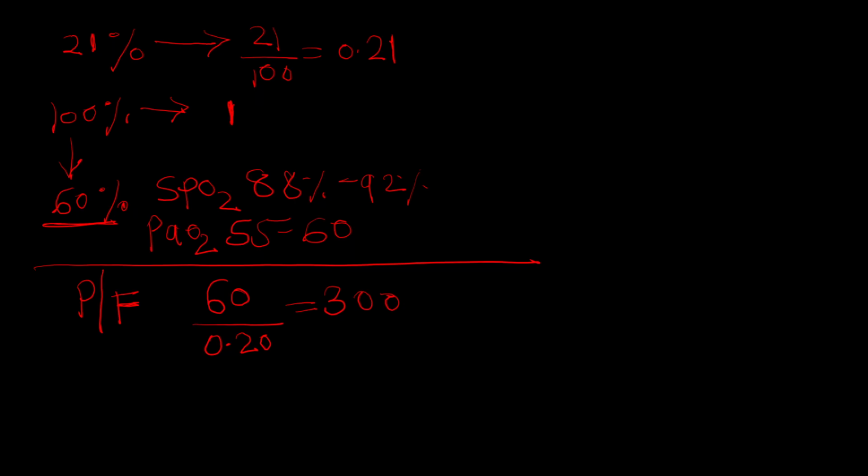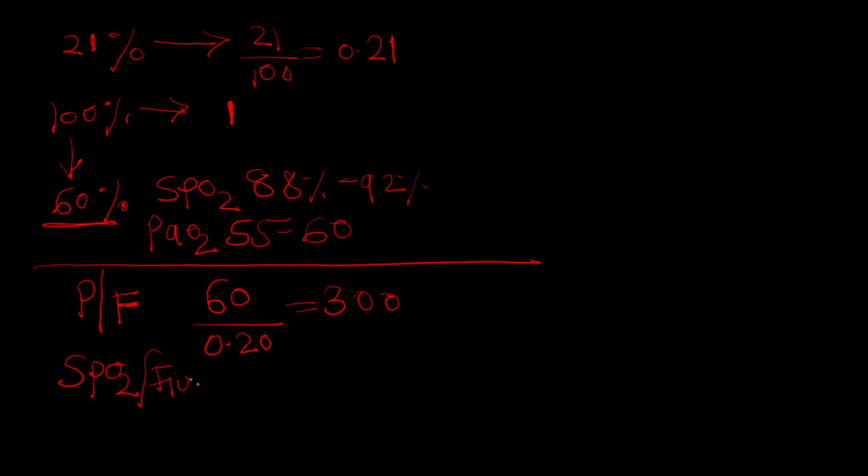So 300 to 200 is mild respiratory distress, so mild ARDS. 200 is moderate, and a PF ratio of less than 100 is severe ARDS. So you can categorize the severity of respiratory failure based on knowing the fraction of inspired oxygen and PaO2 values. If you are in a resource limited setting, you can calculate the saturation by FiO2 ratio similarly.